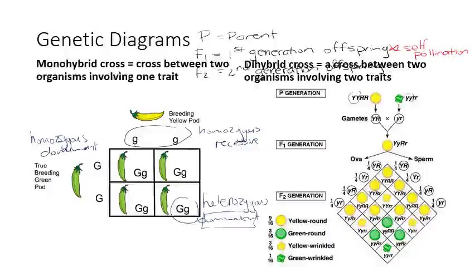So the capital Y is for yellow. If you have a lowercase y, your color is going to be a green pea. And if you have a capital R, that ends up being round, the shape of your pea. And if you have a little r, it's going to be wrinkled.